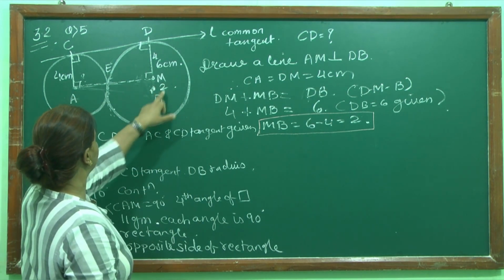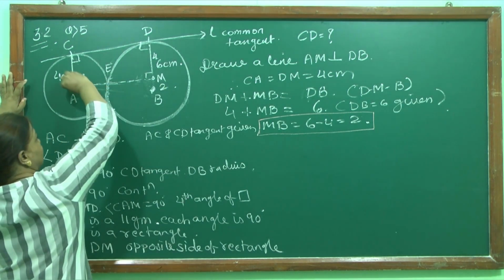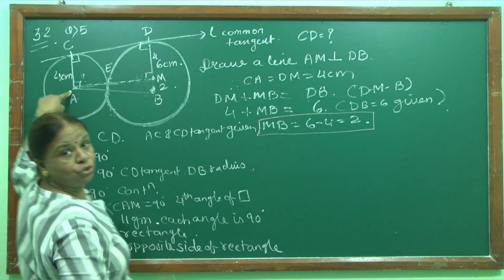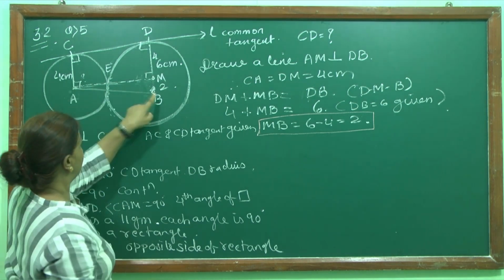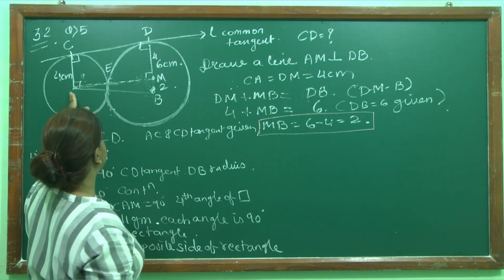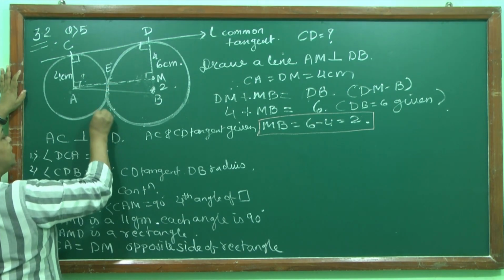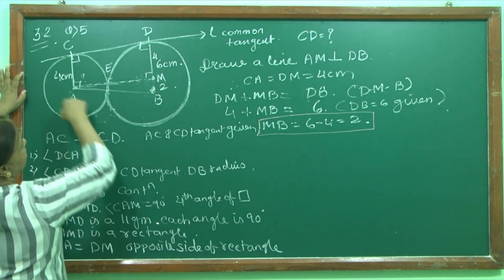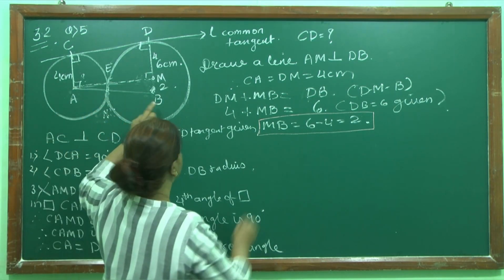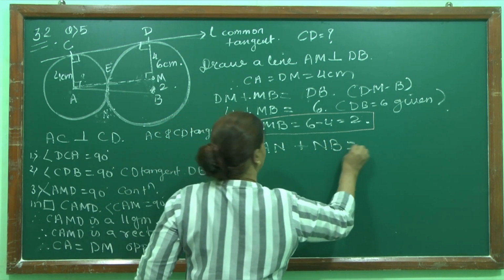Now in this triangle, AB we can get easily. See, children, AB is the distance between the two centers of the circle. A is here, B is here, and both the circles are touching at this point. So I can find out AB. Let me mark this point as N. So I can say AN plus NB is equal to how much?